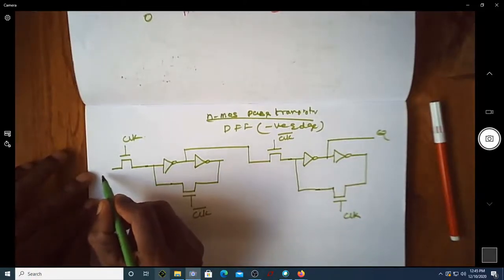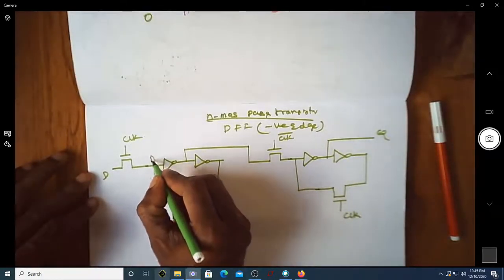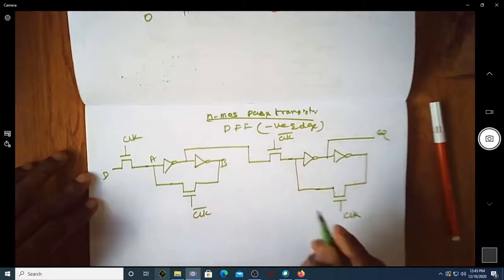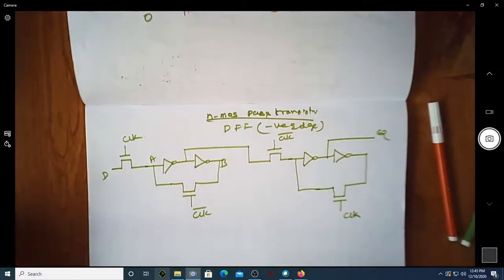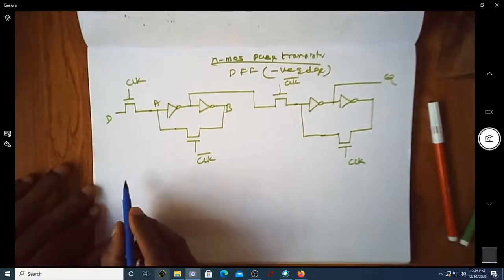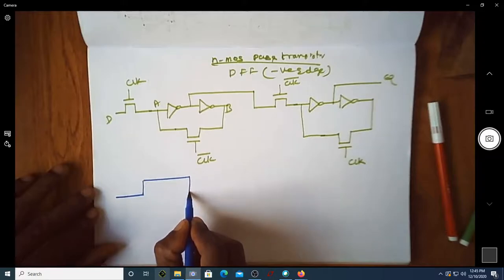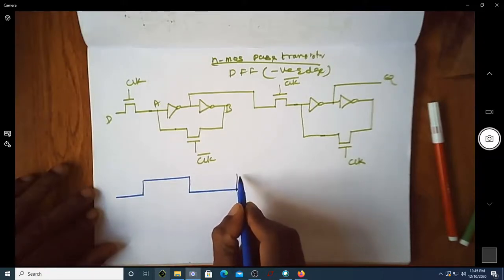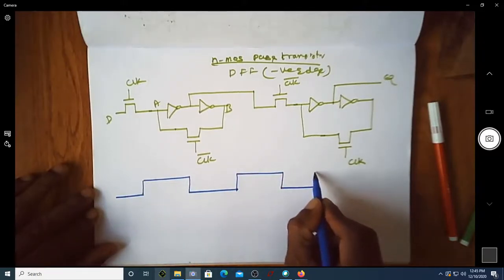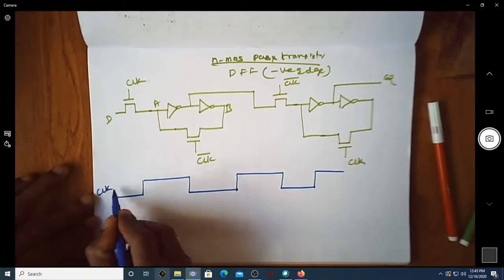Suppose you consider this as the D input, and simply consider these as node A and node B. If you carefully try to write the waveform, the clock 0 1, just try to understand how it is negative edge triggered. This is clock here.